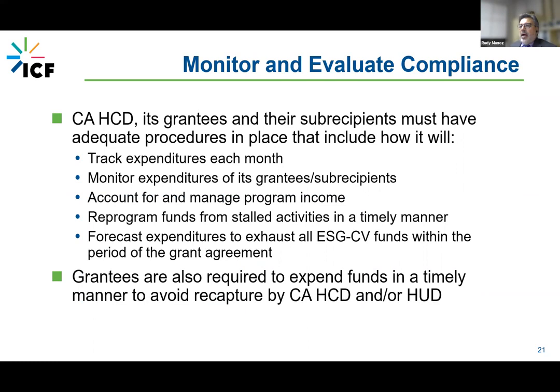The second item that we will look at when establishing internal controls is monitoring and evaluating compliance.